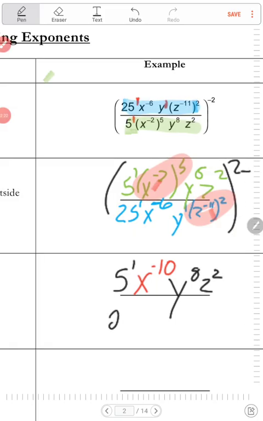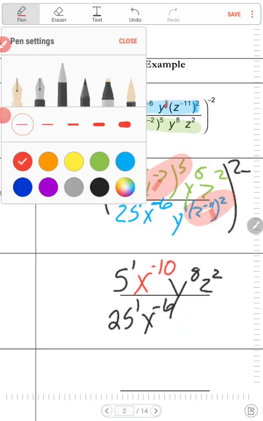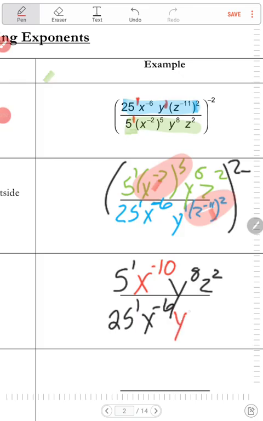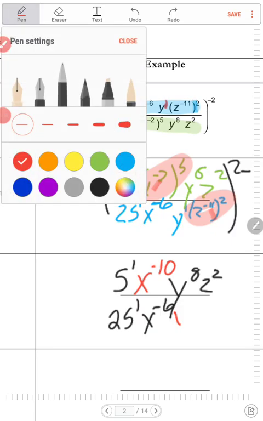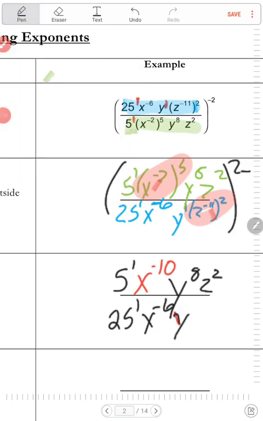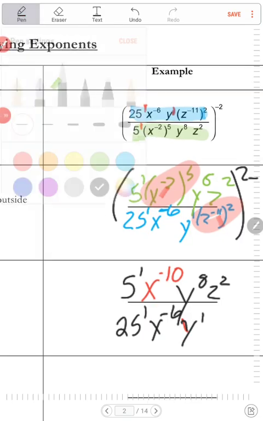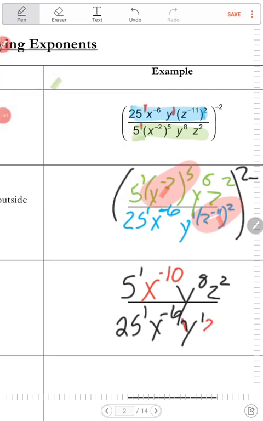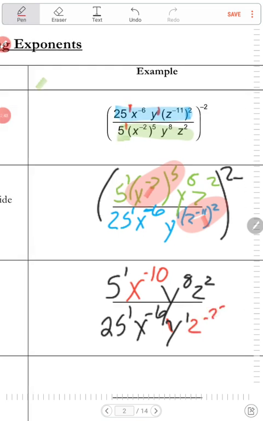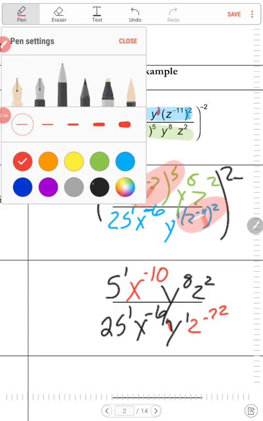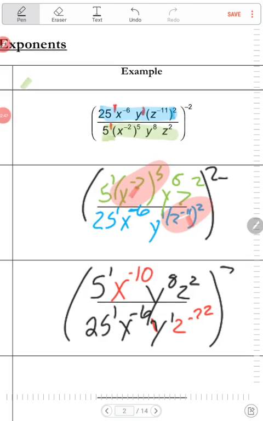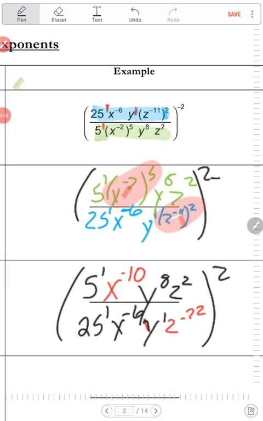Down in the denominator, we have 25 to the first, x to the negative 6, and then y to the first, and z to the negative 22nd, and all of that still has this squared on the outside.